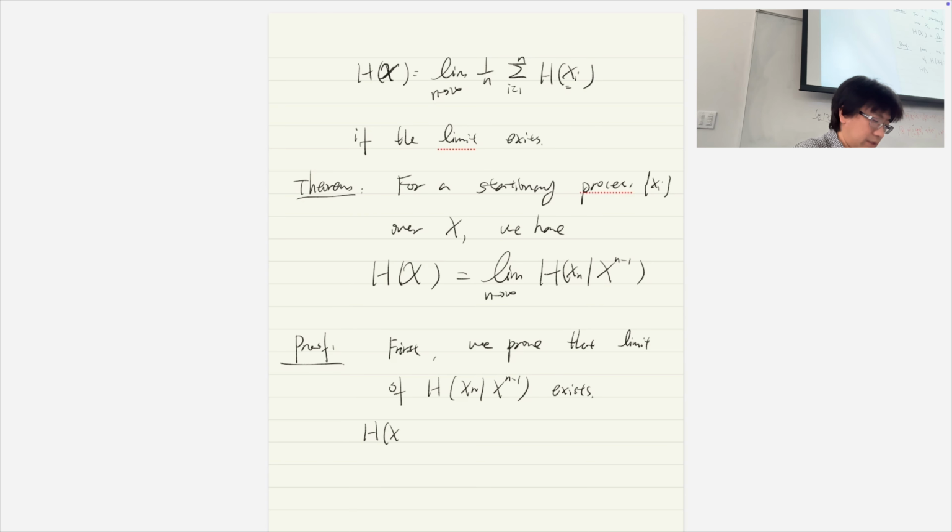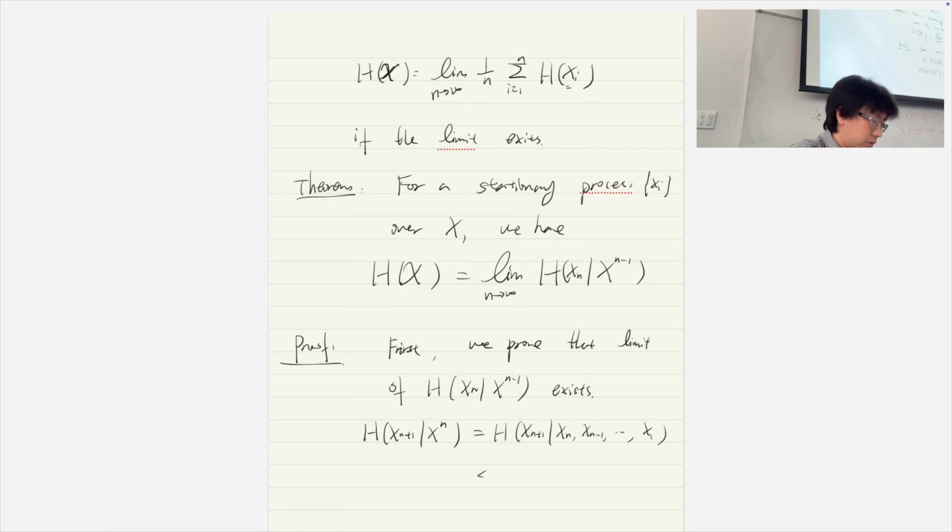So we just do some manipulation here. We move one step further, we consider n plus 1, and this will just equal this, given Xn minus 1 and so on till X1.